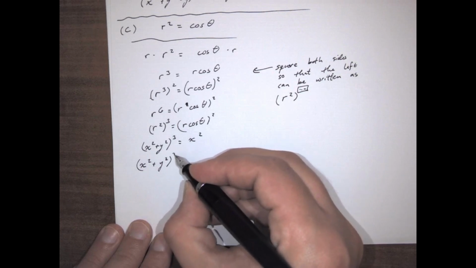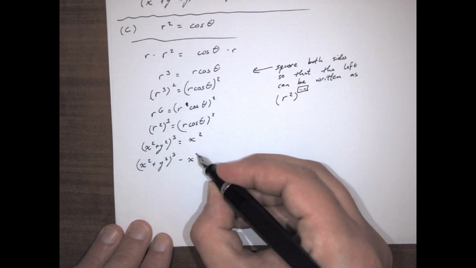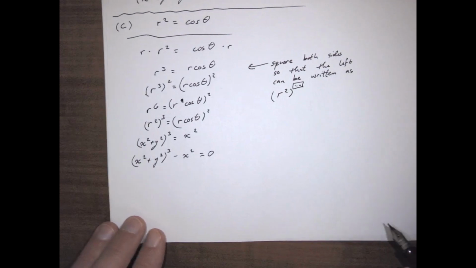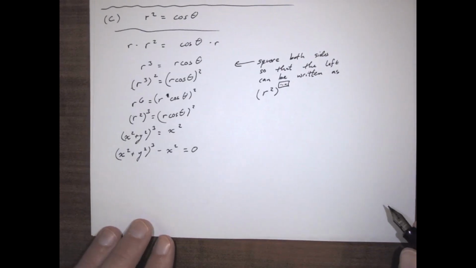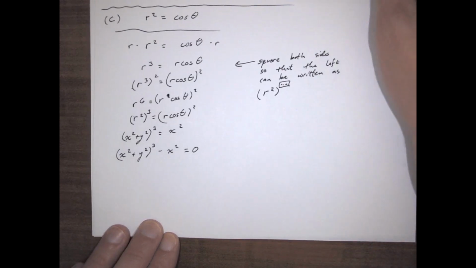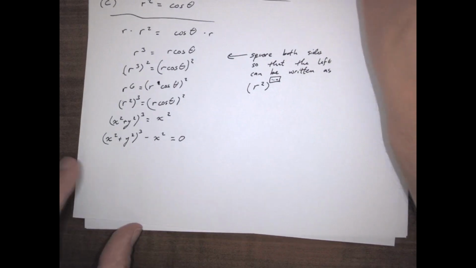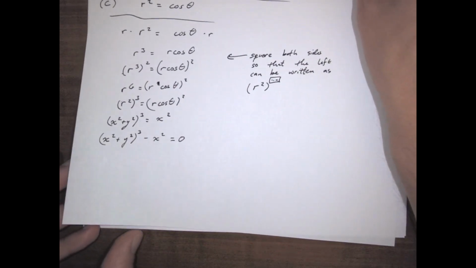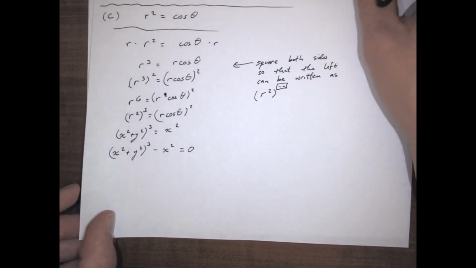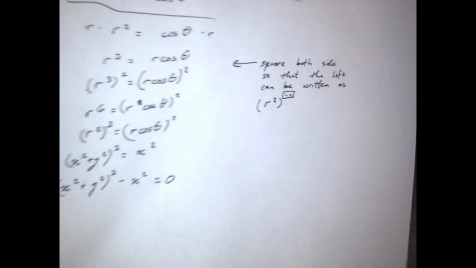And that would give us this minus x squared equals 0. So that's what we have to do in one of these. This is essentially a worst case scenario here. So there's the worst it can get.